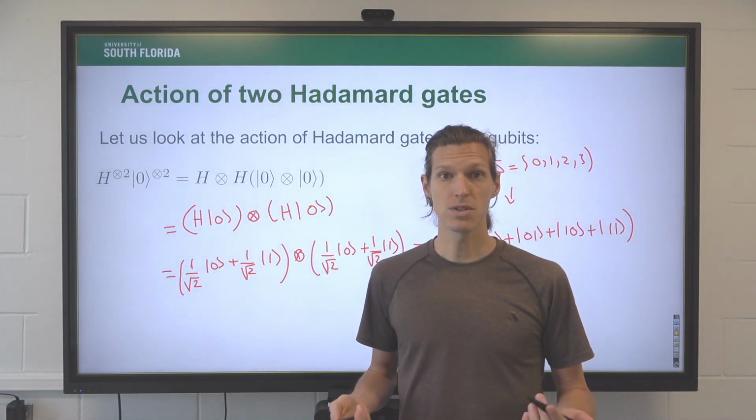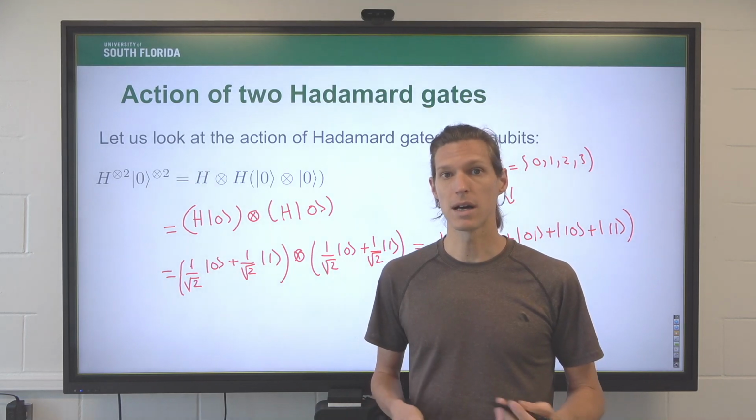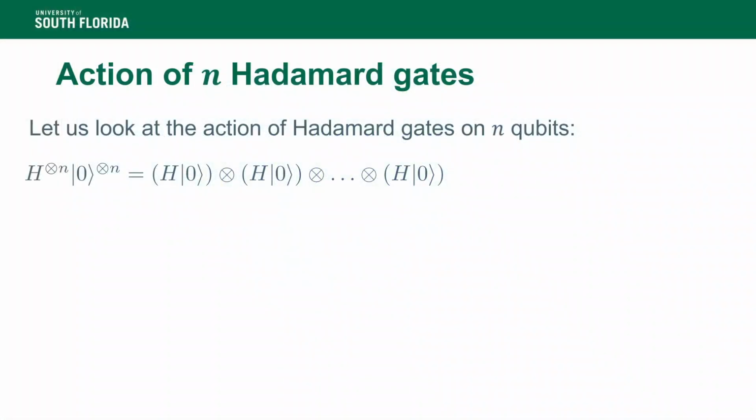Now, this result is going to naturally generalize by doing the same trick. So if we have H tensored n times, and we apply this to |0> tensored n times, then each of these terms is 1 over square root 2 (|0> + |1>), tensored with 1 over square root 2 (|0> + |1>), etc., until the last 1 over square root 2 (|0> + |1>).